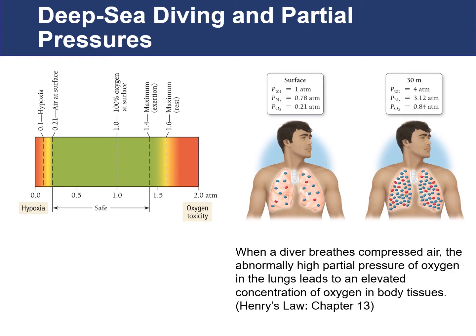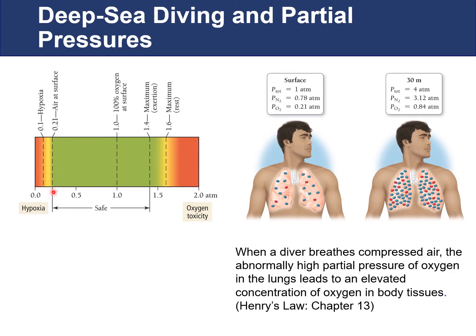Now, because of the hemoglobin in your blood and Henry's law, which we will talk about in chapter 13, the higher the pressure, the more oxygen that will dissolve in your blood. Typically our bodies are perfectly happy breathing in regular air, which is 0.21 atmospheres of oxygen. At 0.21 atmospheres, that's regular surface concentrations, our body's able to handle it.